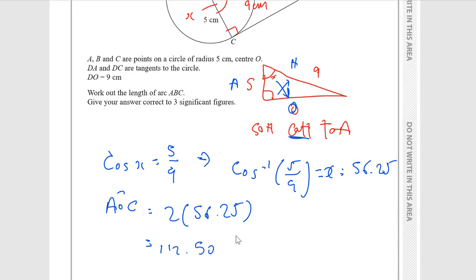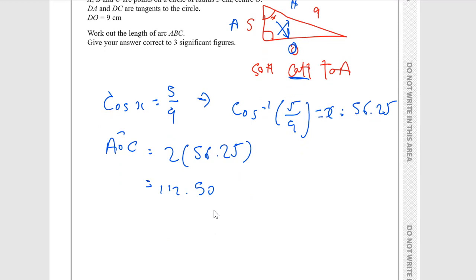I'm going to leave that as that. Then we have 360 take away 112.50, which is going to give us 247.5.